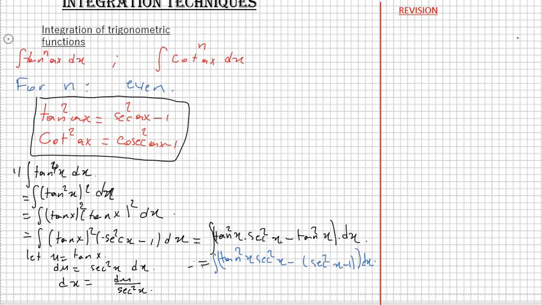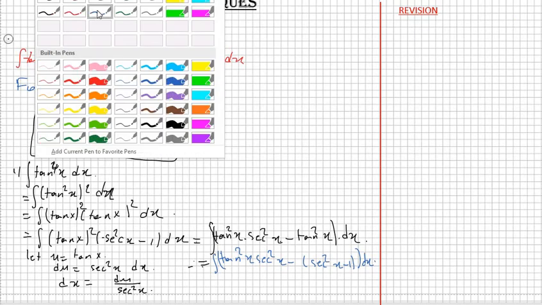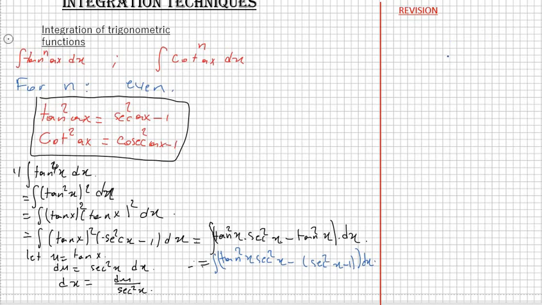So I have the integration of the first term, which is tan square x sec square x dx, plus the second term, which is sec square x dx, and then the last term will be plus the integration of 1 dx.